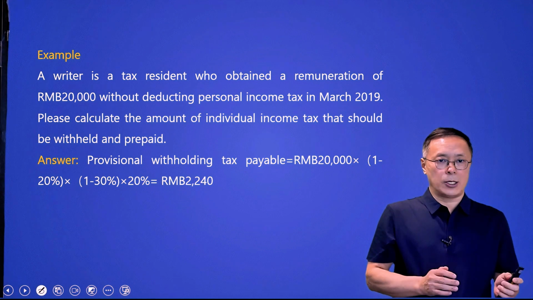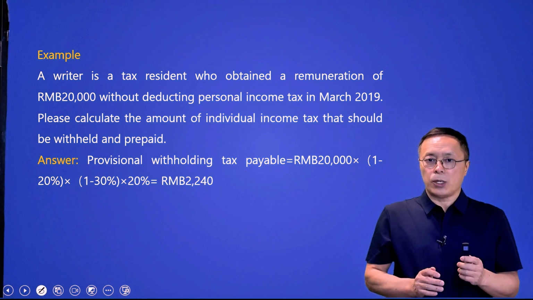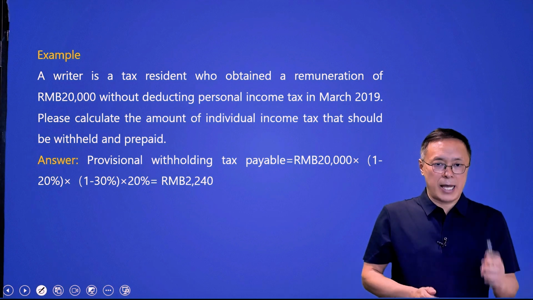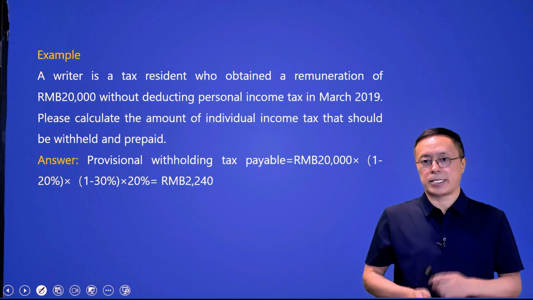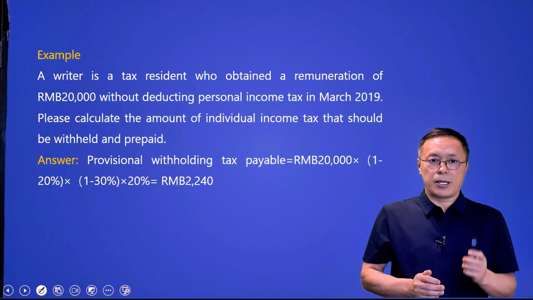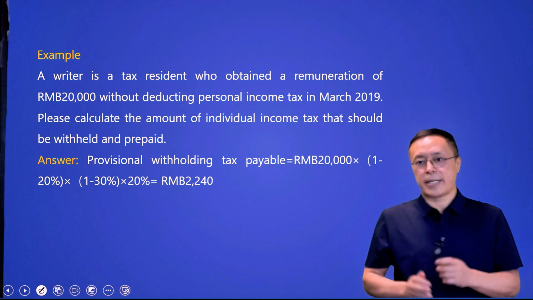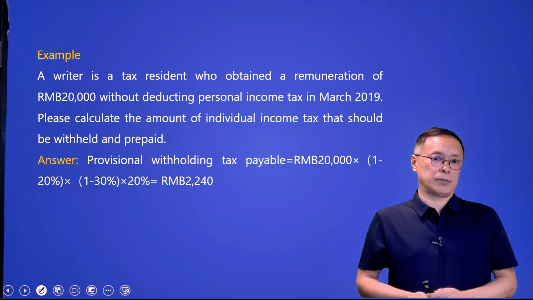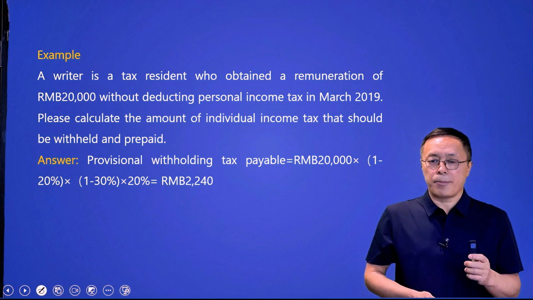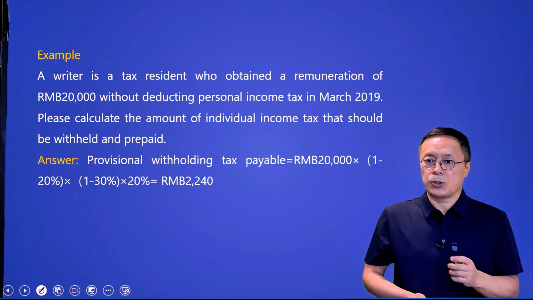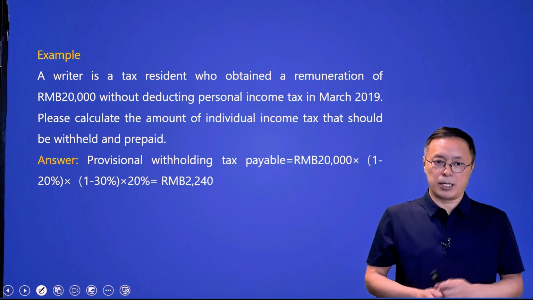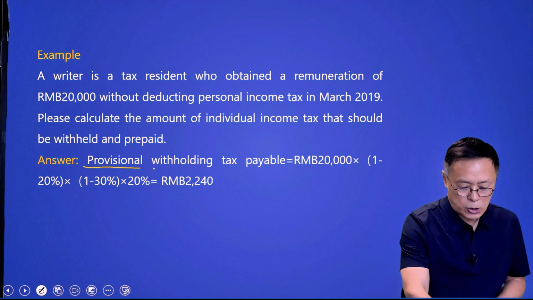In this example, a writer is a tax resident who obtained a remuneration of RMB 20,000 without deducting individual income tax in March 2013. Please calculate the amount of individual income tax that should be withheld and prepaid. Obviously, the remuneration of RMB 20,000 belongs to manuscript income, so we directly apply the above formula.